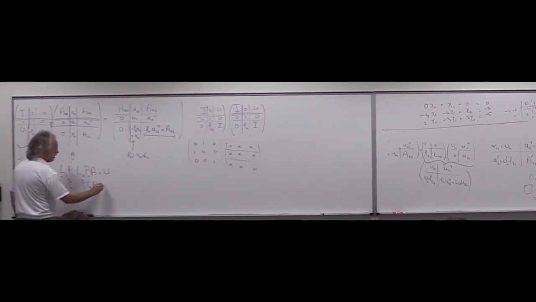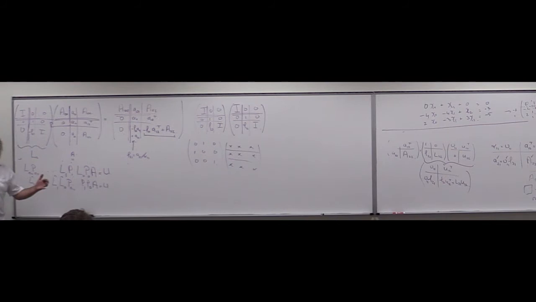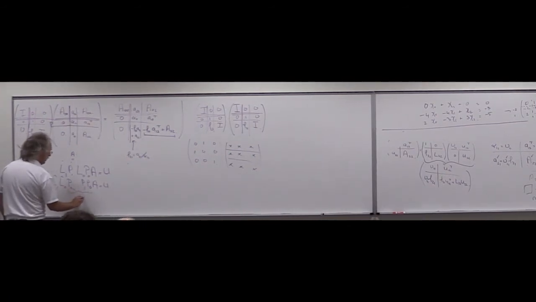Resulting in your upper triangular matrix U. And then you can ask, what happens if you take a whole bunch of permutation matrices and multiply them together? You might as well think of it as just jumbling up all of the rows in some fashion. So all of these equal one big permutation matrix.